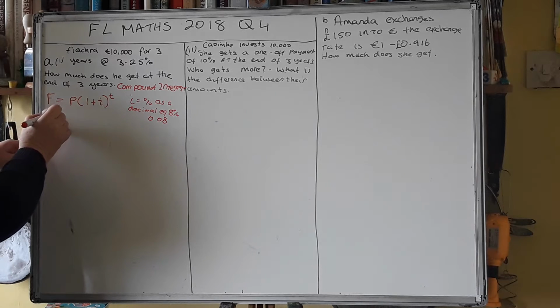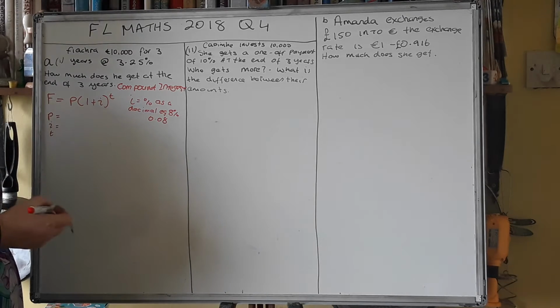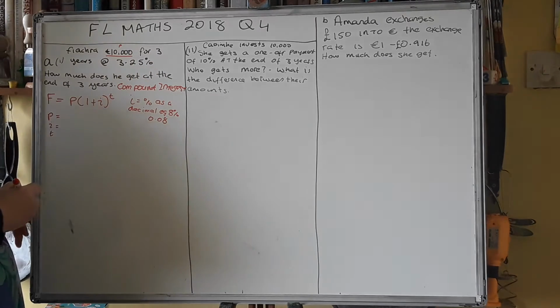So what we want is a value for P, a value for I, and a value for T. Well, P is the principal. That means how much money did you put into the bank in the first place? His principal is 10,000.